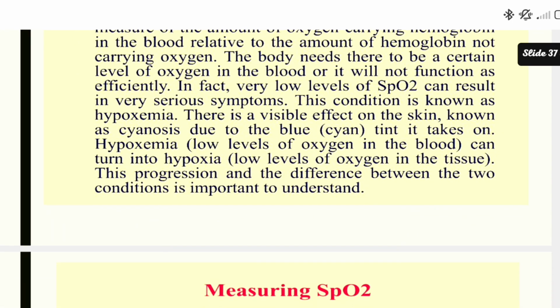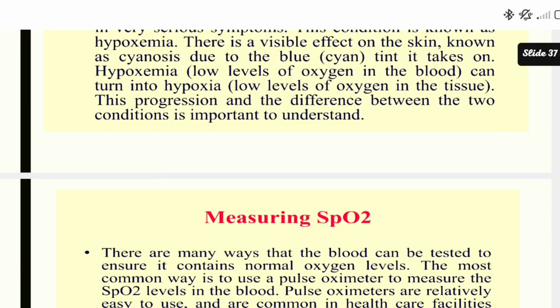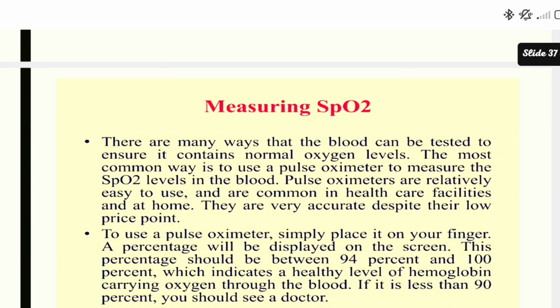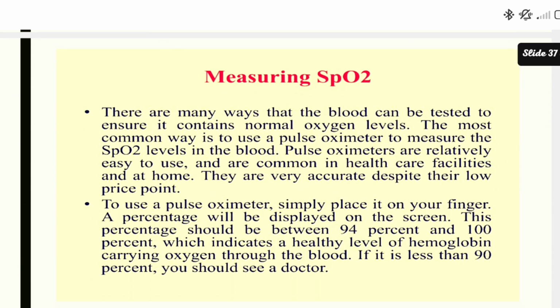Because of a lack of oxygen there might be cyanosis and organ dysfunction, right? So this is a very important vital sign, okay. How you can measure it, you will learn in clinical duty, okay. This is only written form, you just read, okay.